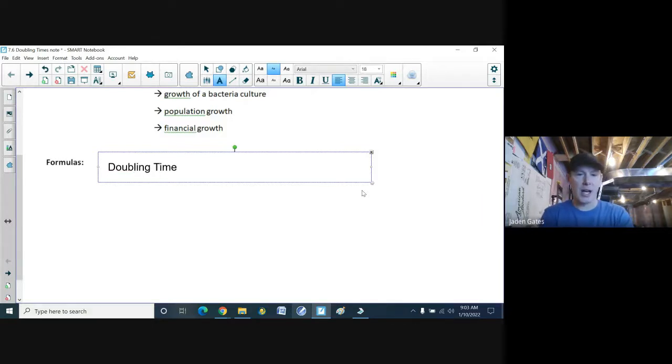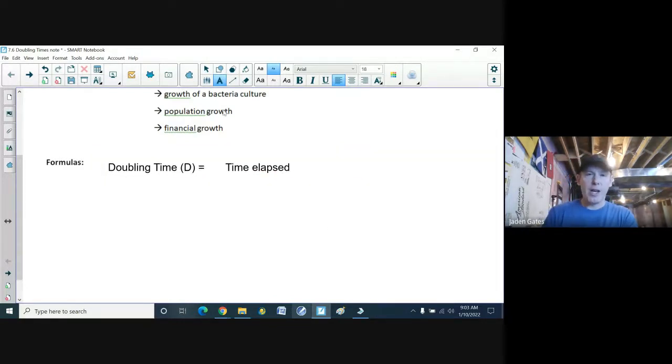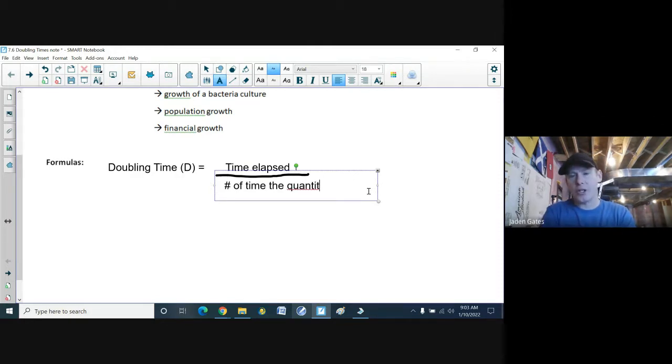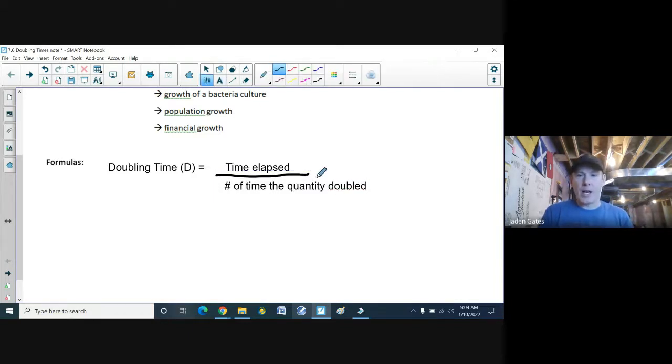So our doubling time, which I'm going to use a big capital D for, is equal to the time elapsed, so how much time has gone by, divided by the number of times the quantity, again, something you can count, doubled. So how much time went by and how many times did that thing double?